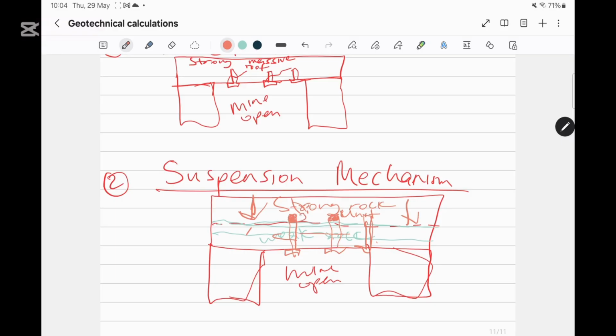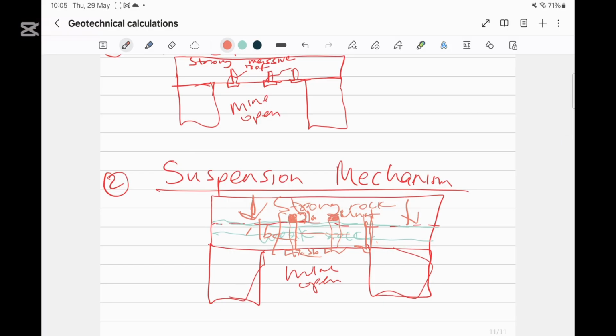The amount inside the hard rock is what we call LA, your anchor length. The more LA, the more this can hold. Then this is just the length of your bolt, and this is your spacing of the bolt, SB.